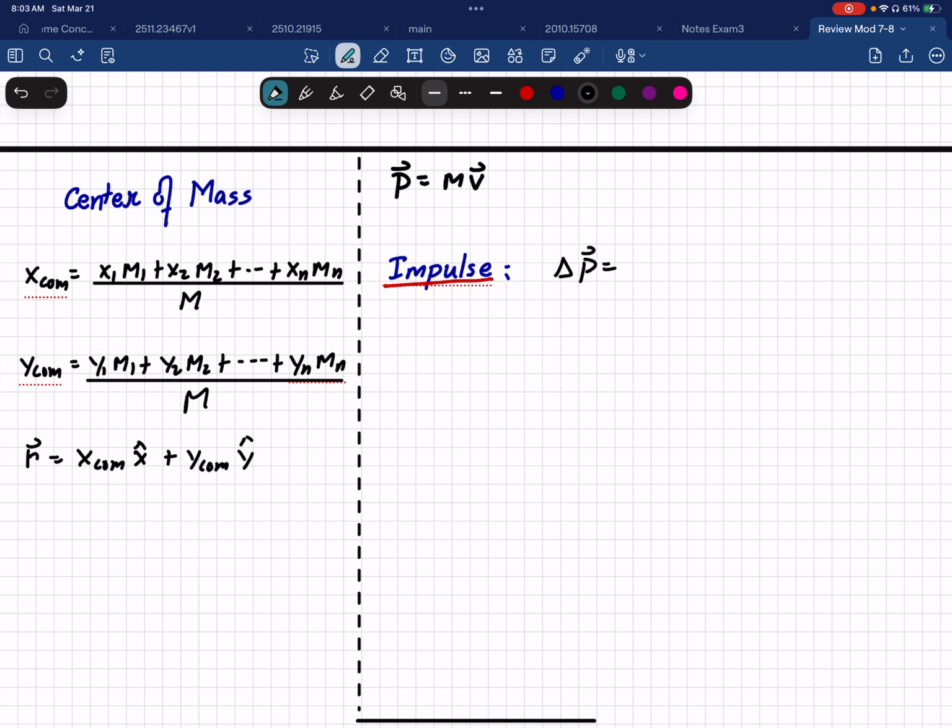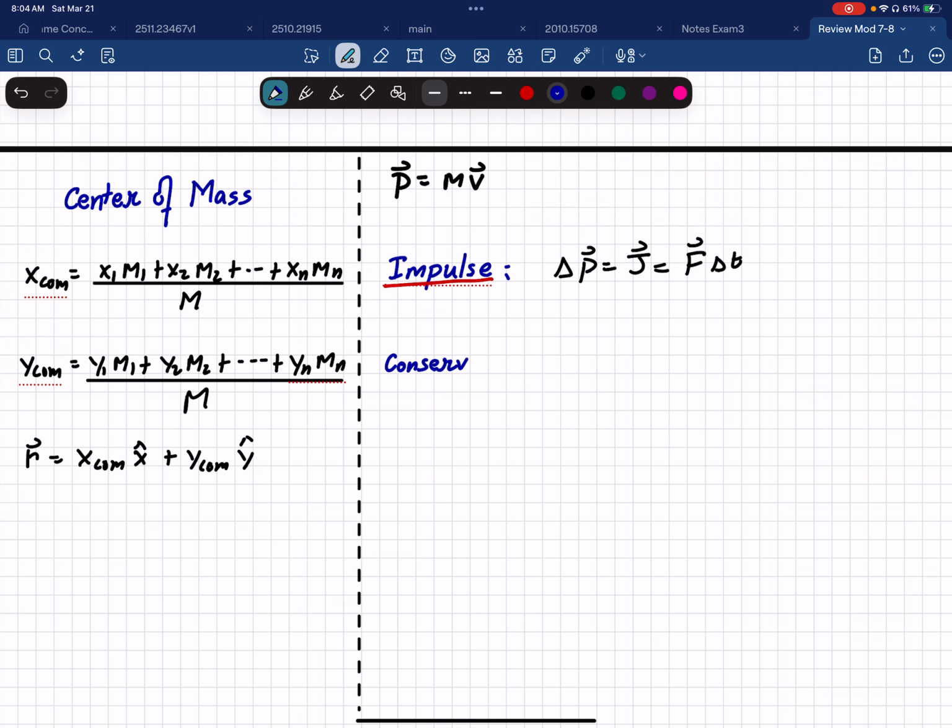This gives us the impulse, and it is also the area under the force-time graph. The second, from Newton's first law, is the conservation of momentum.